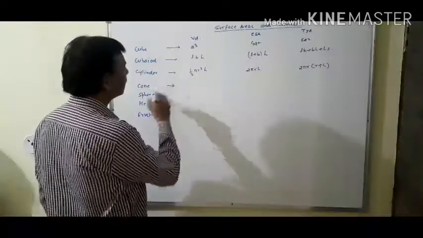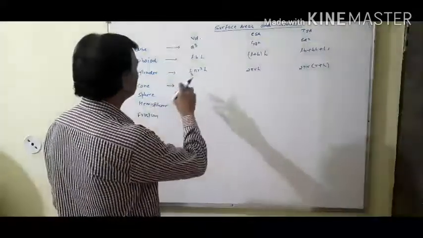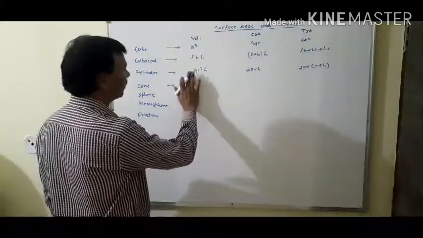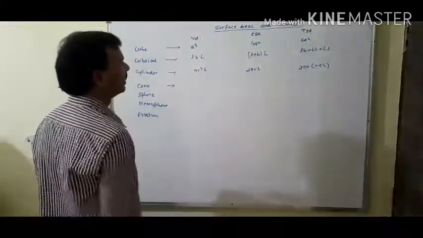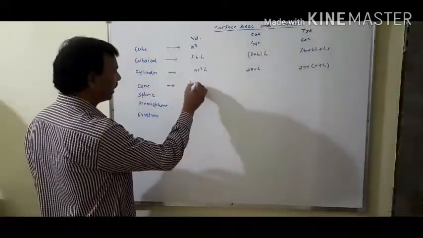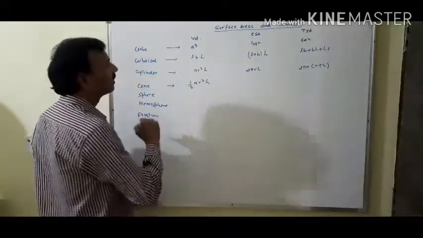Cone: volume of cone is 1 by 3 pi r square h.